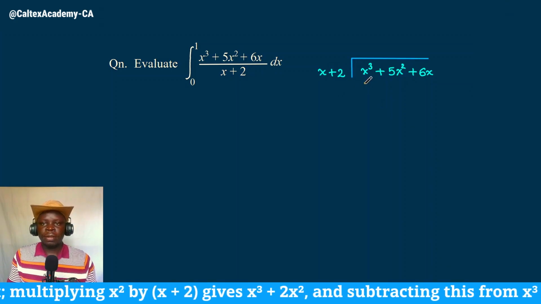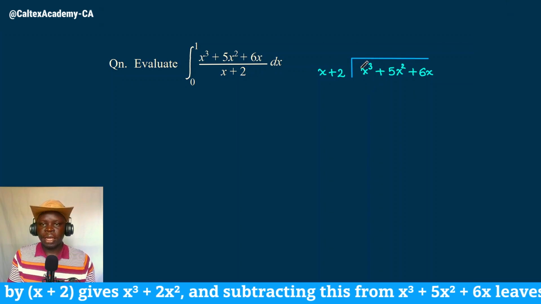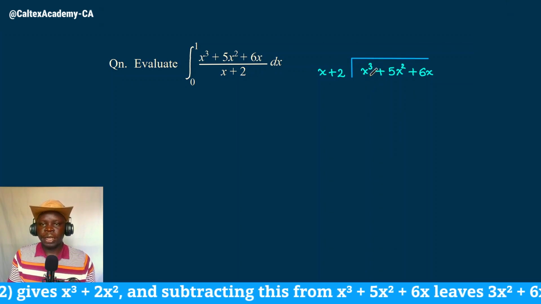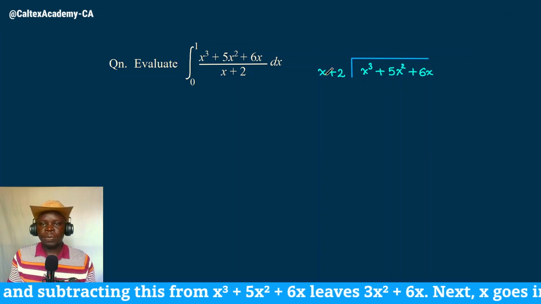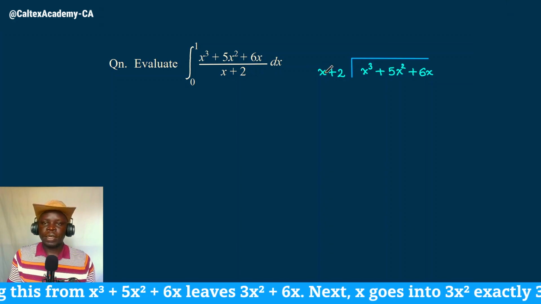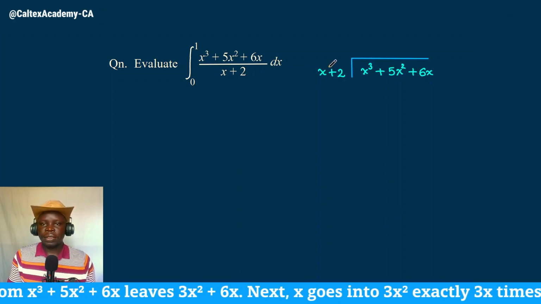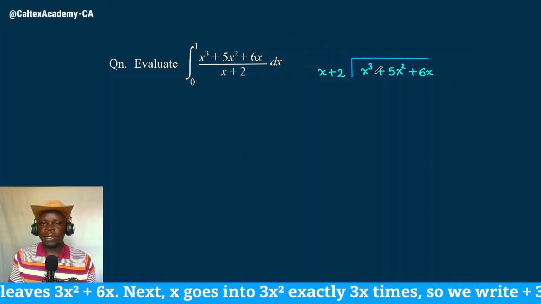When dividing polynomials like this, we look at the term with the highest exponent and think of what we should multiply with the existing x in order to get x cubed. If you have x squared and multiply by x, you raise it to 3.